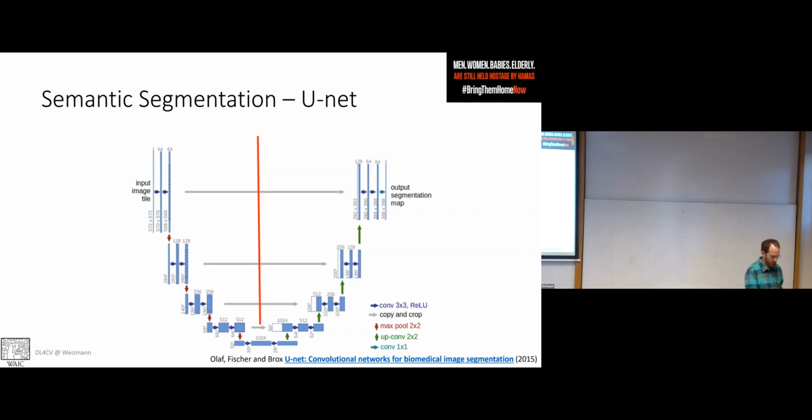So we have an encoder that gets a high resolution image with very few channels, and as it processes it with striding, it increases the number of channels and the semantic information, but reduces the resolution. And then we don't do upsampling at a single stage.